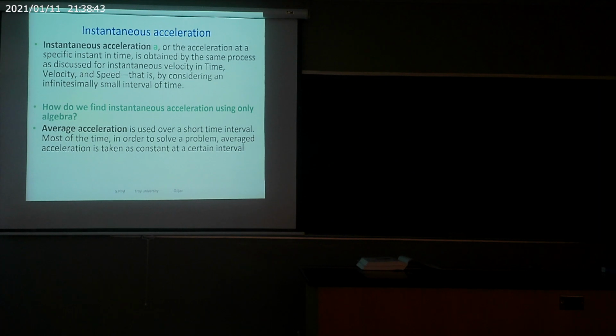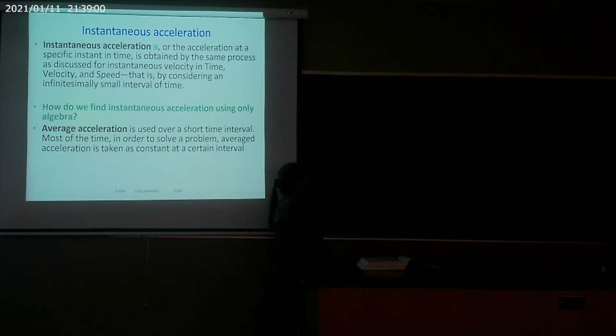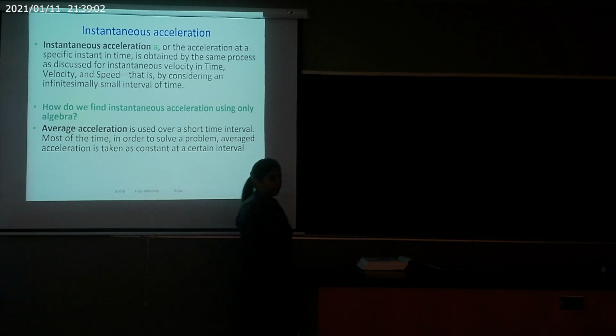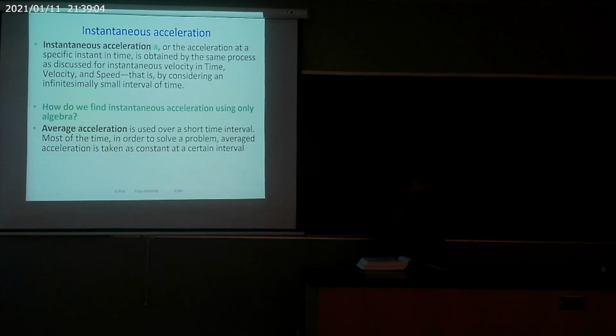That acceleration is defined as average acceleration, and the definition is delta v over delta t, where delta v is the large change in velocity, and delta t is the total interval over which the change has taken place.